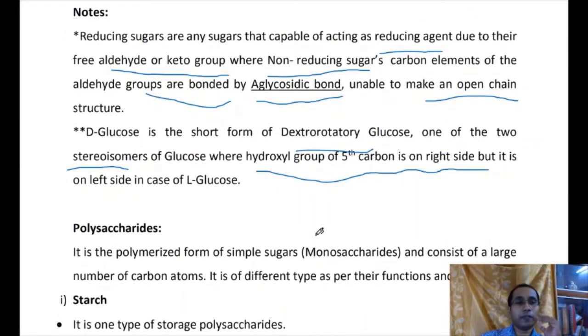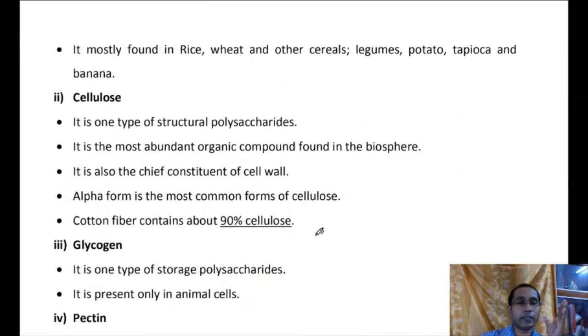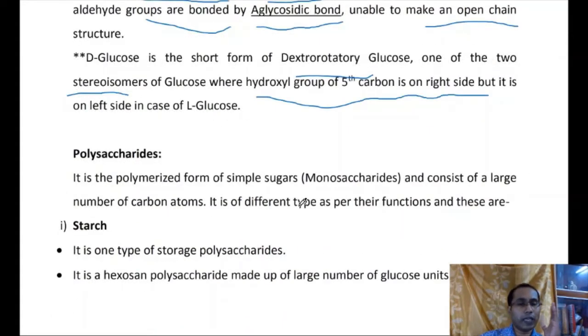After that, polysaccharides. A number of monosaccharides are attached to each other by glycosidic linkage to make a polysaccharide. It is the polymerized form of simple sugars and consists of a large number of carbon atoms. It is of different types. The first type is starch.